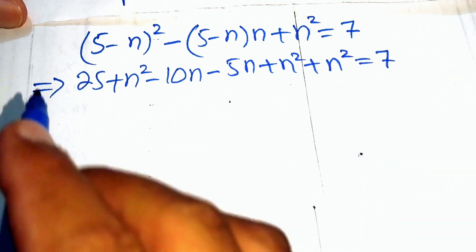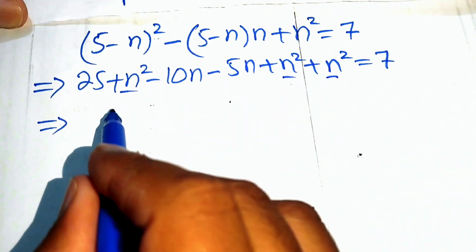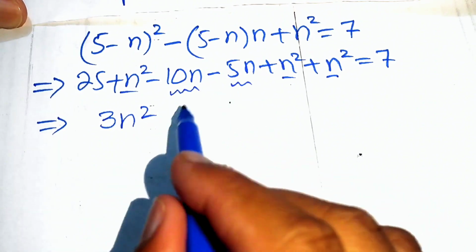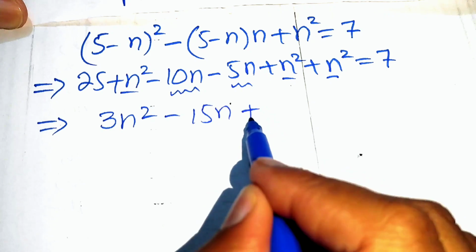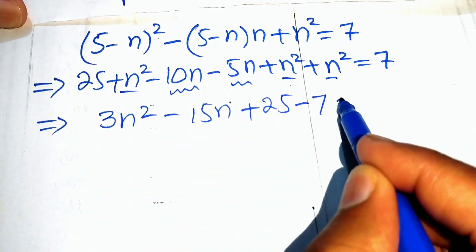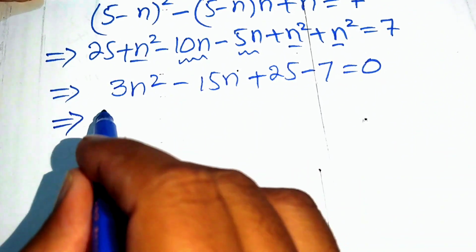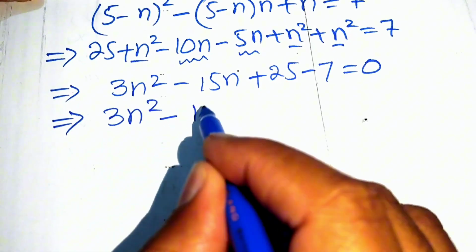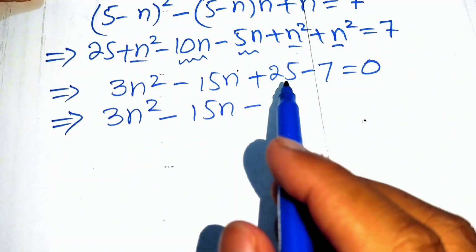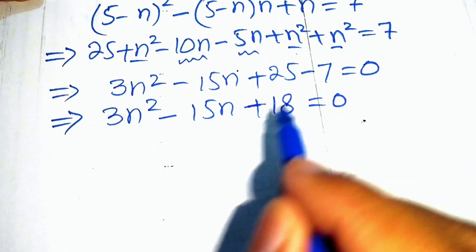Adding the like terms, n square plus n square plus n square becomes 3n square, minus 10n and minus 5n equals minus 15n, and we have this 25, and we move the 7 to the left hand side, so it becomes 25 minus 7, and this whole equals to 0. Simplifying, we get 3n square minus 15n plus 18 equals to 0.